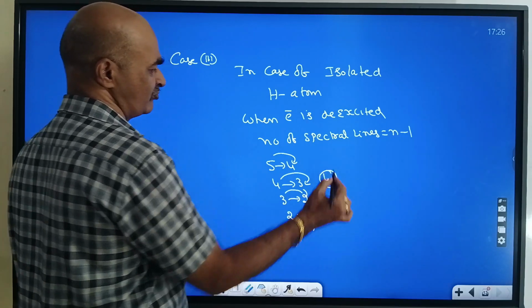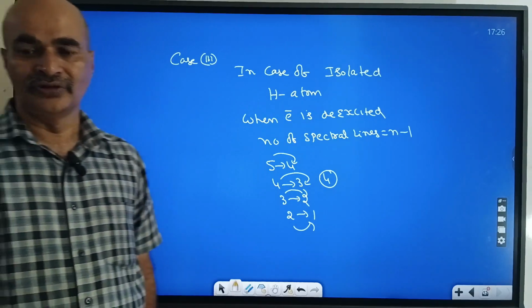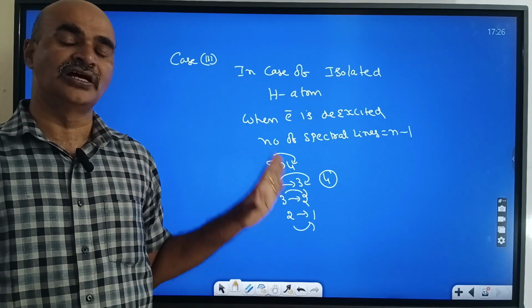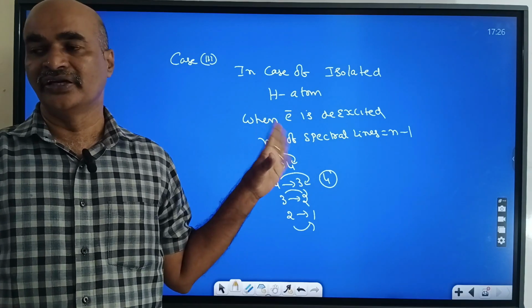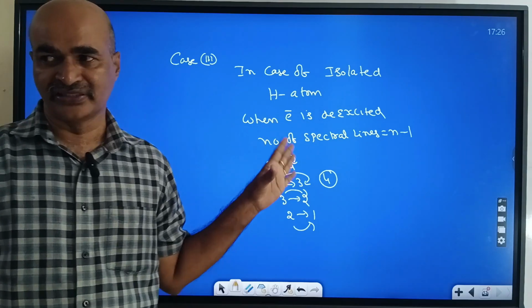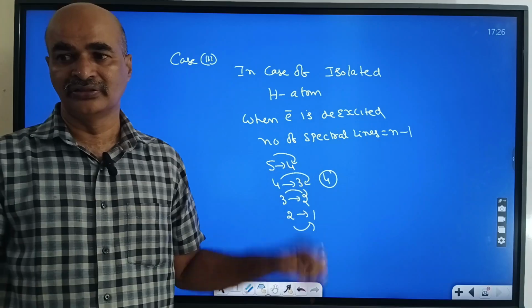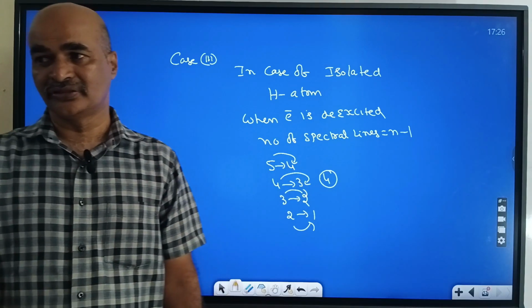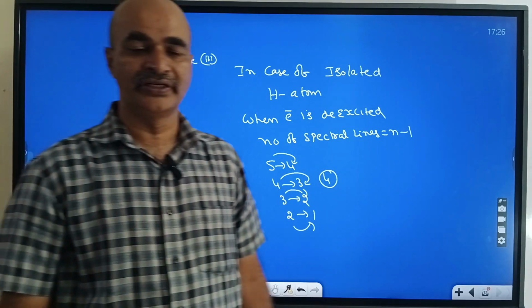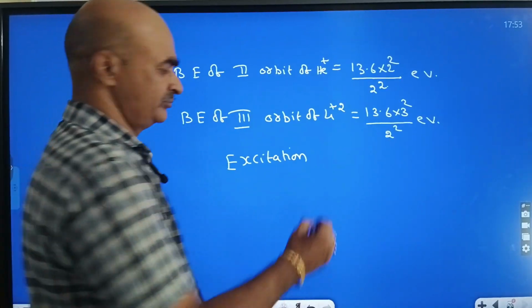Number of spectral lines is 4. Okay. These are the calculations of the number of spectral lines in hydrogen spectra. Understand?